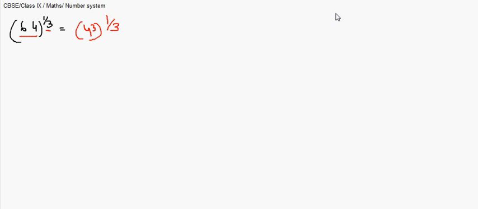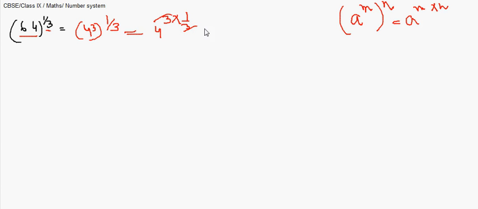If you recall, in the laws of exponents we had discussed how a to the power m, whole to the power n, gives you a to the power m into n. So that makes here 3 into 1 by 3, that makes it 4 to the power 1, that's 4.